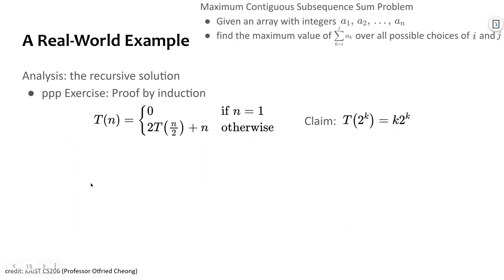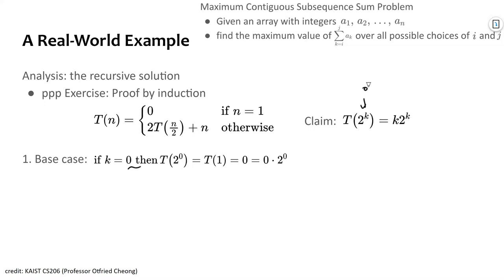All right, let's prove this recurrence equation together. The base case is when k equals 0. If we put k equals 0 here and here, then that is t1, which is 0, because we claim that when n equals 1, the output is 0.